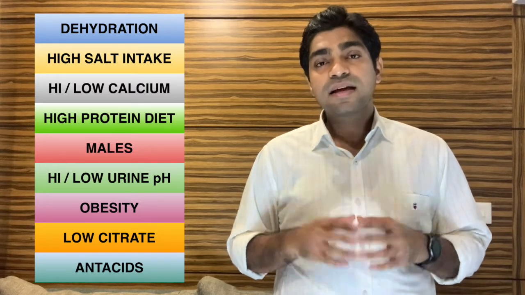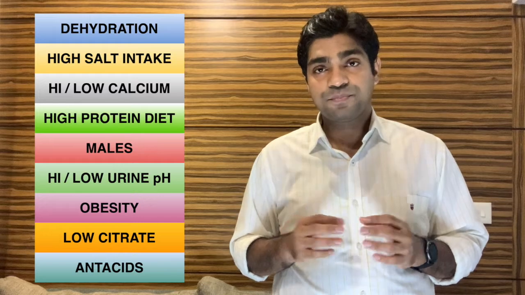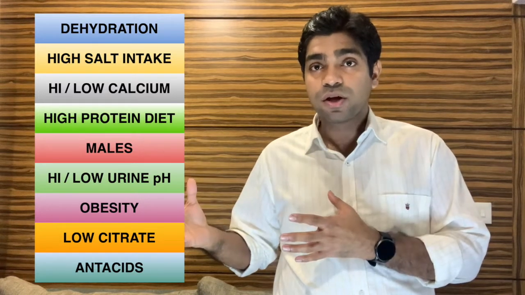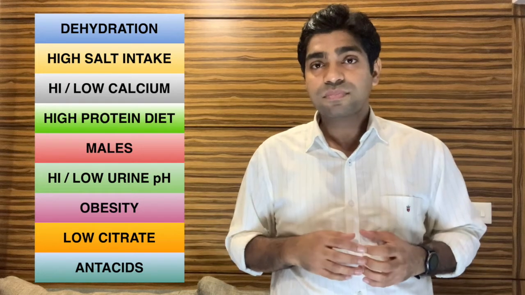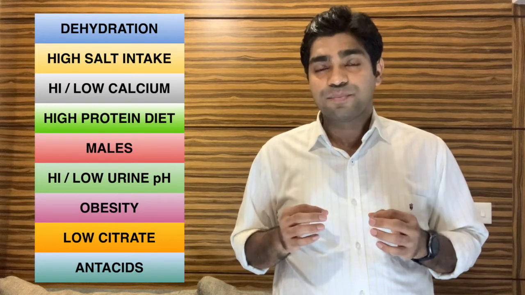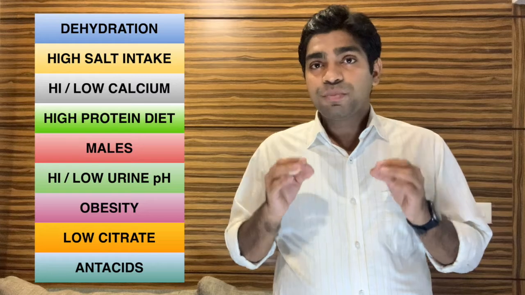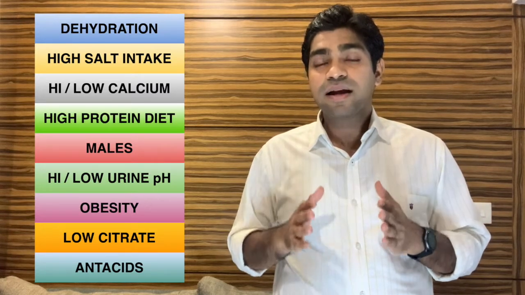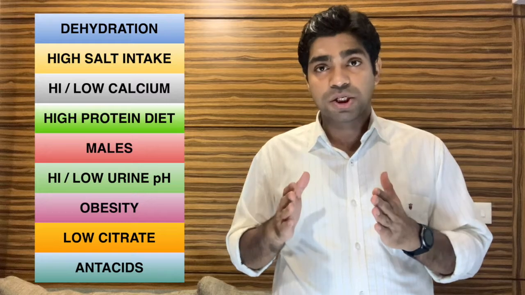The second is a high salt diet. A high protein diet also predisposes you to uric acid stones. Then low calcium. Calcium should be consumed in average amounts as recommended by the Dietary Association.